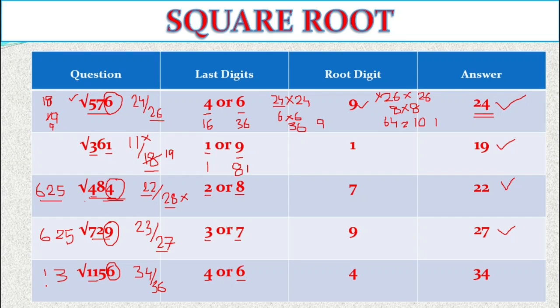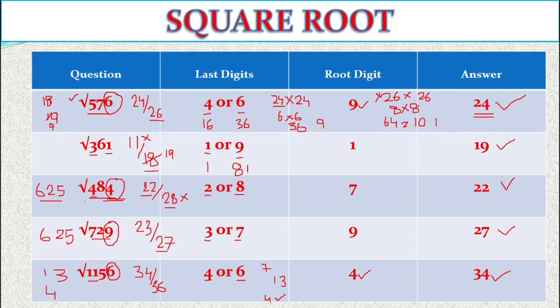So my root digit is 4 here, which I have mentioned here. And coming to the root digit of 34 into 34, 4 plus 3 is 7, 7 into 7 is 49, and 4 plus 9 is 13. Okay, 1 plus 3 is 4. So they are quite matching, right? So 34 is the answer.